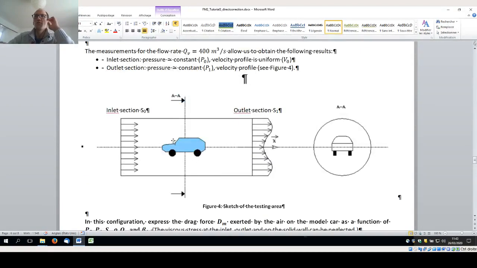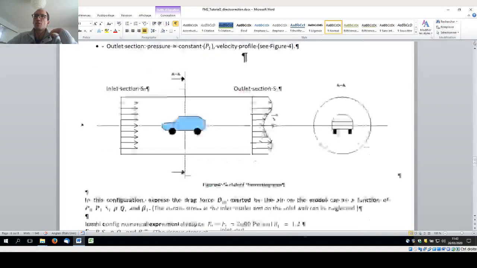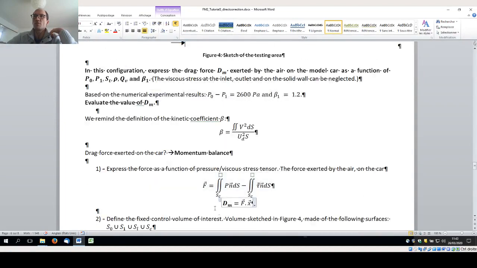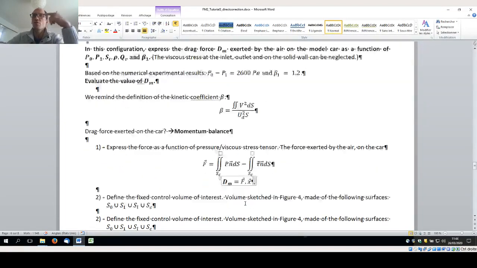When you have a force on an object, usually we distinguish it in two parts: the drag and the lift. The lift is in the perpendicular direction of the flow, and the drag in the direction of the flow. Here the flow is in x direction, so the drag is directed along x.